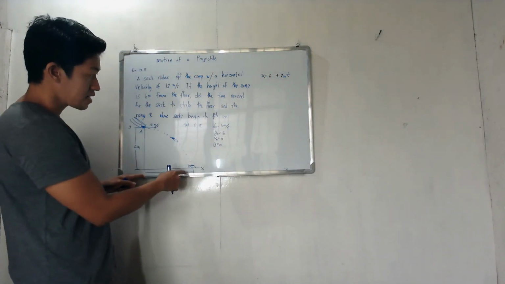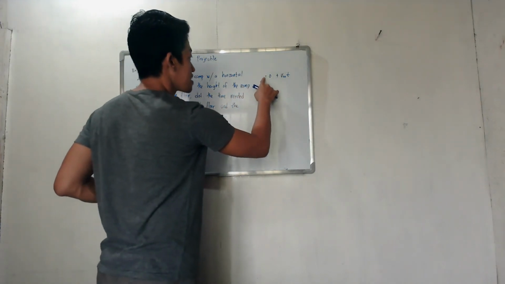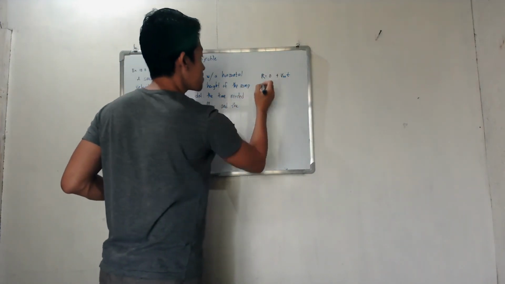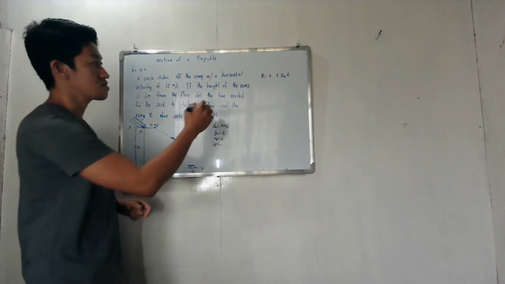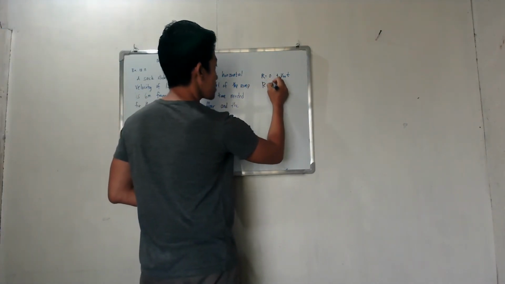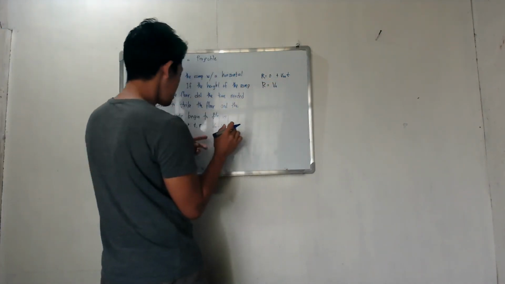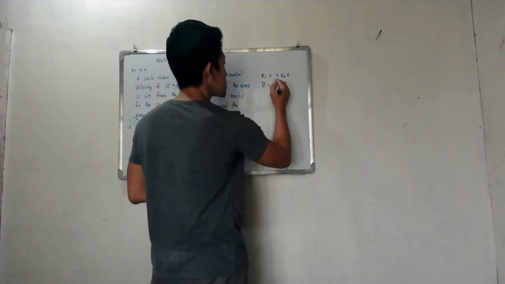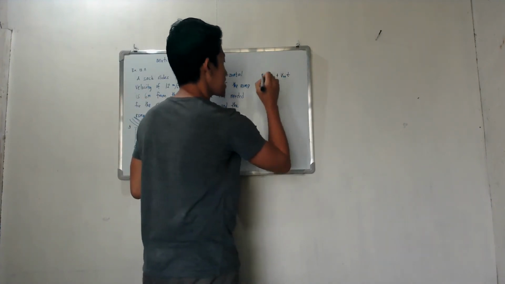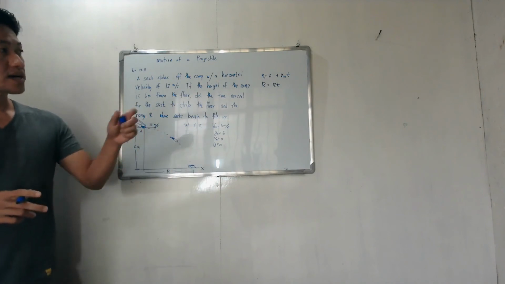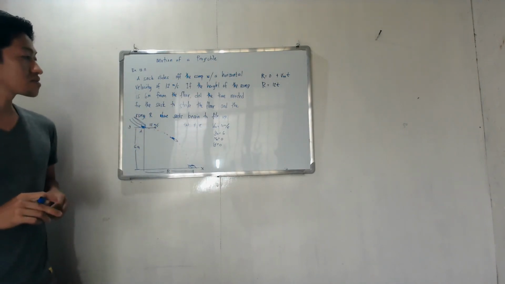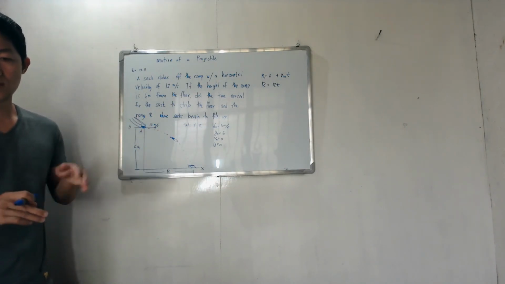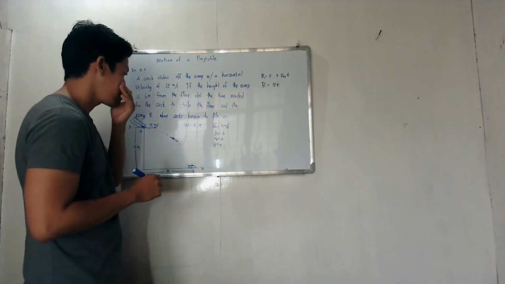Take note that this x is the R, the final. So R is just Vox t, and Vox is 12, so 12t. That is two unknowns, so you need another equation, which you get from the vertical motion.